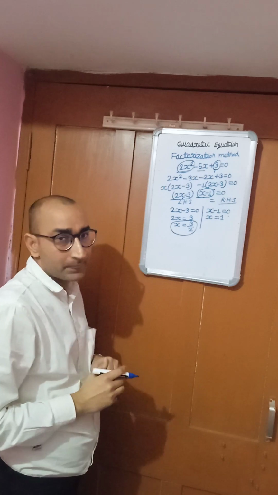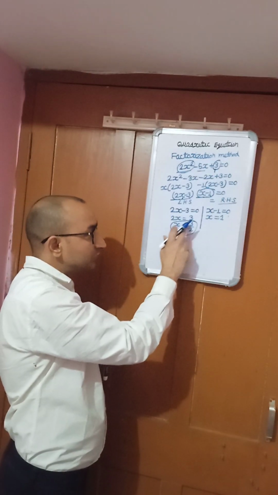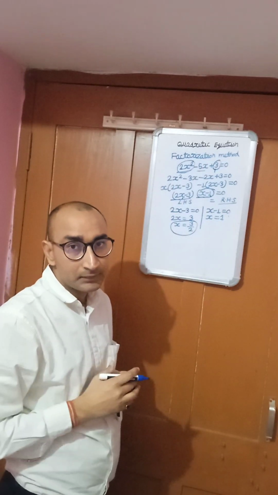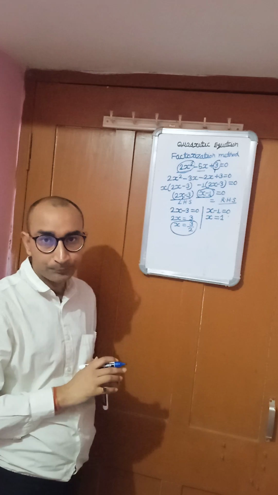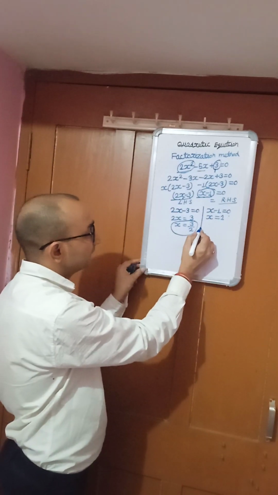If we put x equals to 3 by 2 here, then what will we get? I want to show it here.